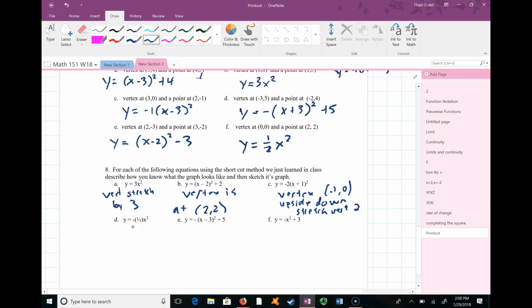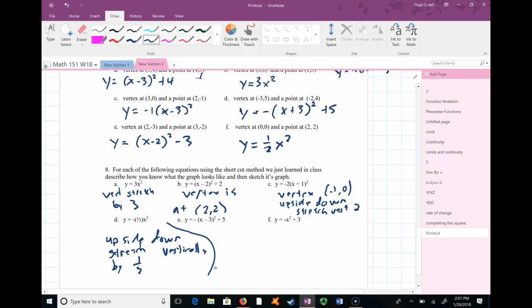Okay, this one is upside down and compressed vertically. Oh yeah, I said I wasn't going to use the word compressed. It is stretched. Whoops. It is stretched vertically by 1/2, which means it's really compressed.